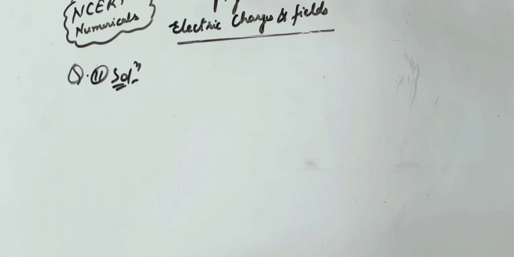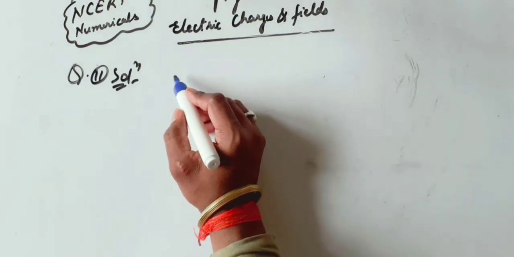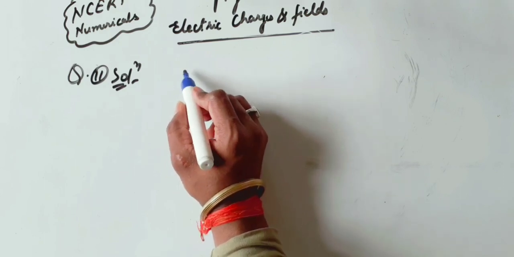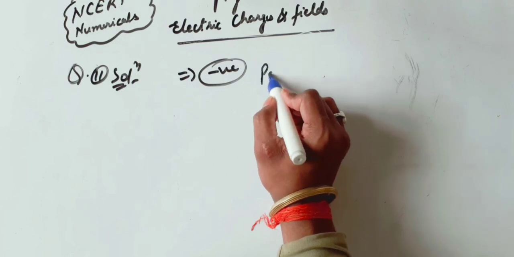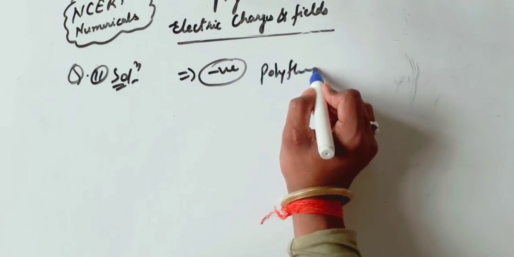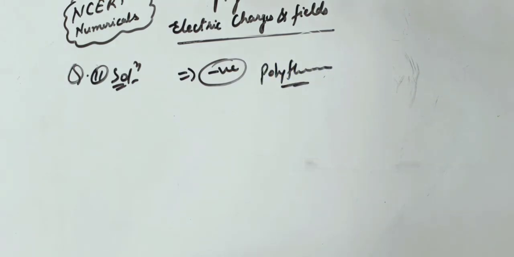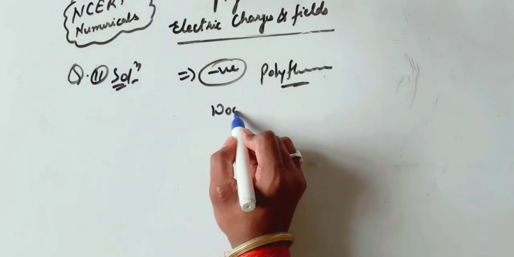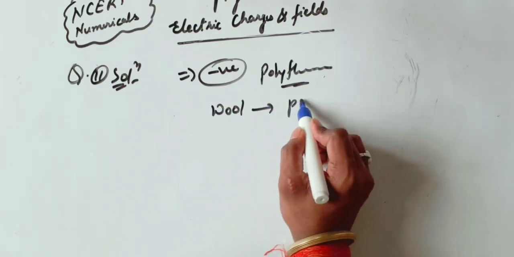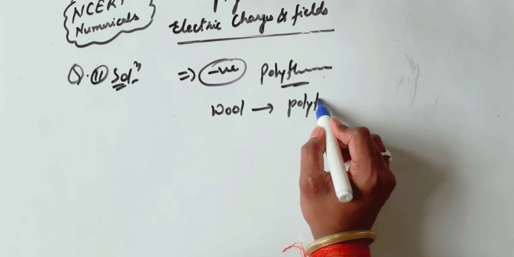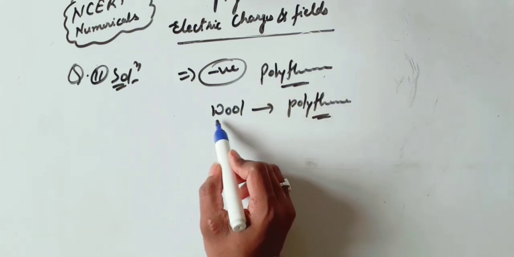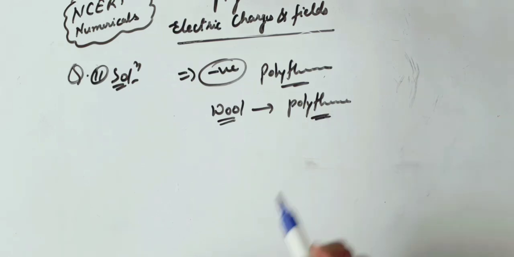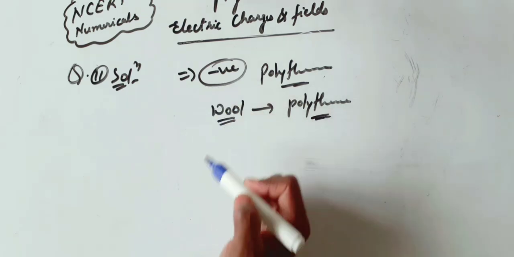As you know, the charge of the polythene is negative, the polythene becomes negative after rubbing. So we can say that the charge will be transferred from wool to polythene, because only electrons can transfer from one body to another, and the charge of an electron is negative.